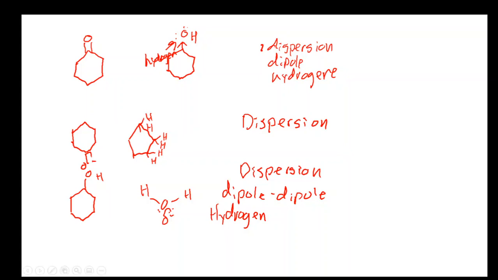Does hydrogen bonding mean dipole? Dipole is always there, I think. It's kind of hard to say. Well, dispersion, yeah, I know dispersion is always there, but what if you had a diol? I'm trying to think of when you wouldn't have it.